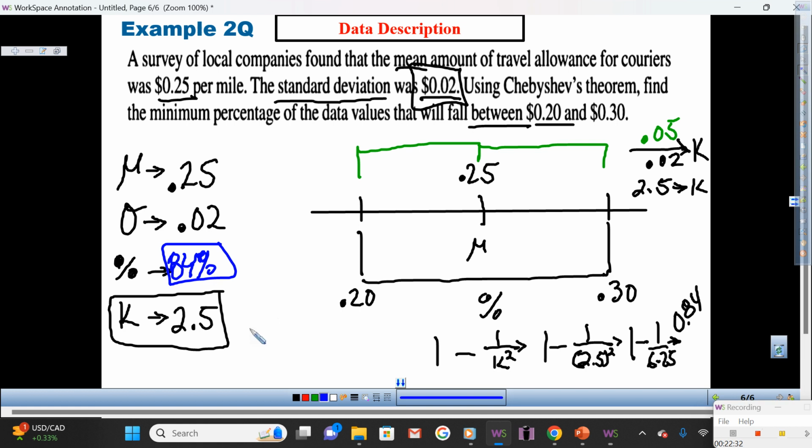Therefore, the data values between 0.20 and 0.30 are 84%. 10Q.